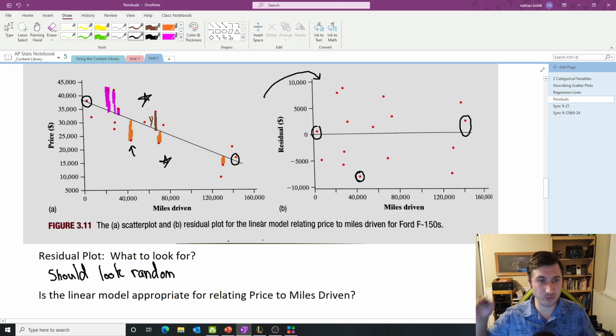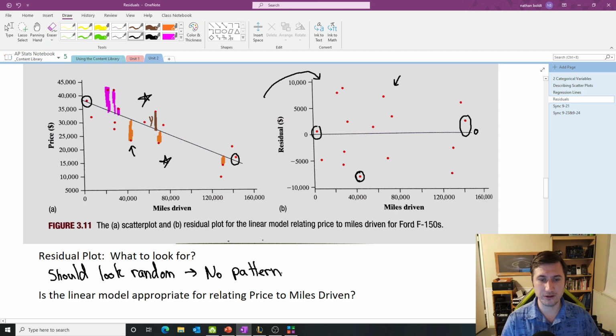It's got to go right down the center of all the points. And so some points should be above 0, and some should be below 0. And they should look fairly random, namely no pattern. And if there is no pattern, that means your scatter plot is linear.